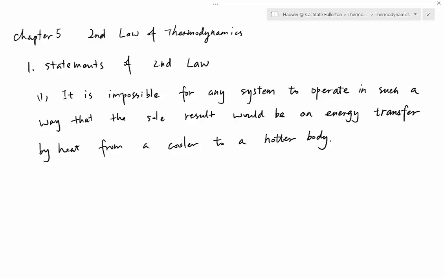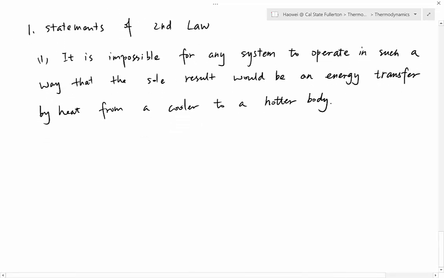That's the first way to express second law. Second law tells us there's a direction for the process, from hot to the cold, not from the cold to the hot.